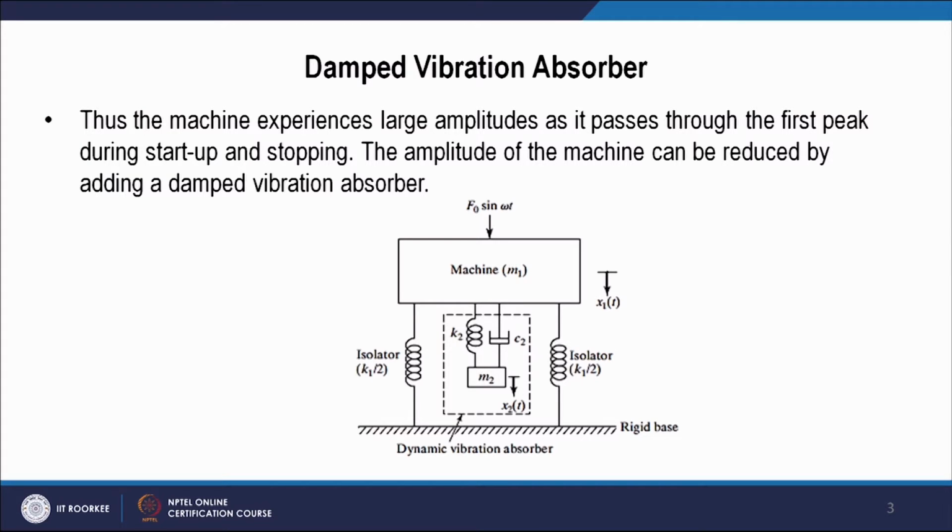So the equivalent stiffness is K1, and we are attaching an auxiliary system, that is the damped vibration absorber, K2, C2 and M2. So here we have one more damping parameter, and this system we have to study.